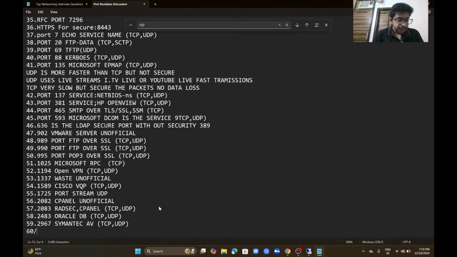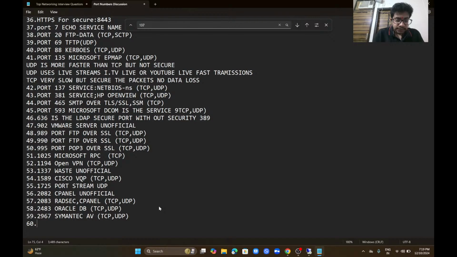And 3074 is Xbox Live, with TCP, UDP datagrams. 3306 is MySQL, already known. And 3724 is World of Warcraft using TCP, UDP datagram protocols.